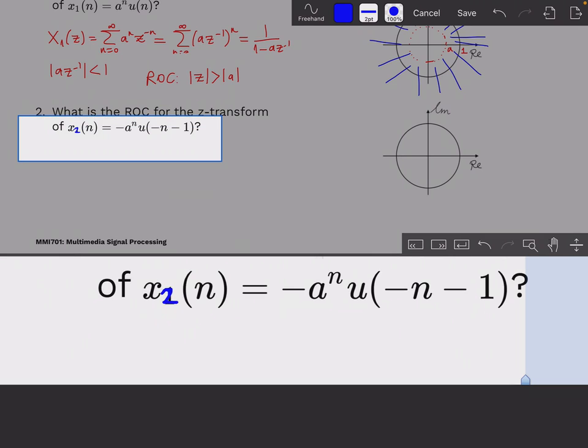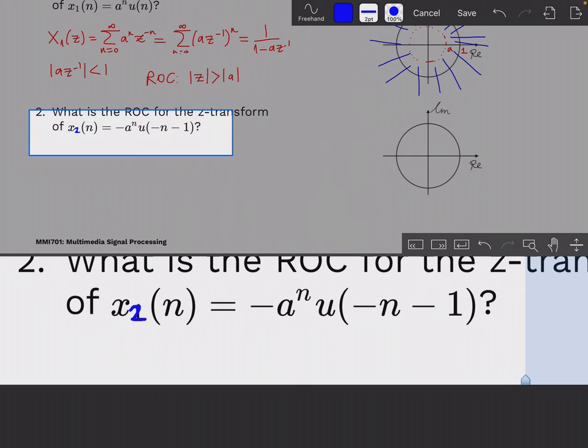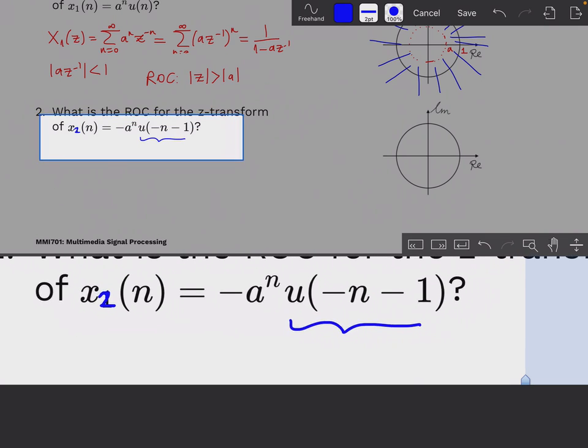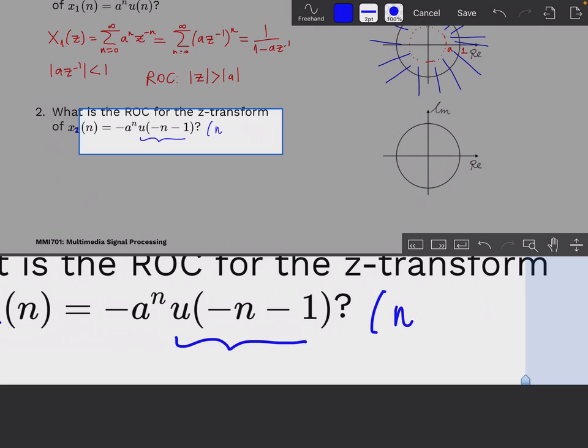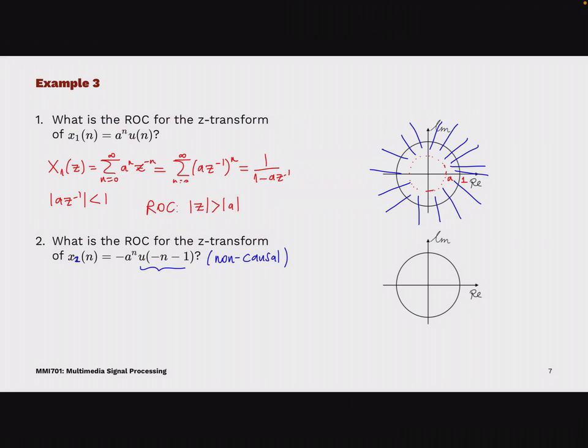So this is our signal, x2 of n. Now, since there is a time reversal here, we have a non-causal signal. Okay, so the other one was causal, by the way.